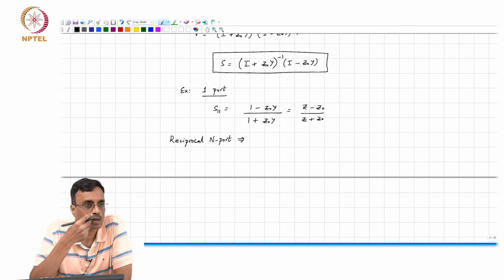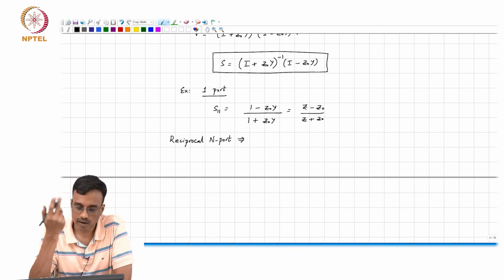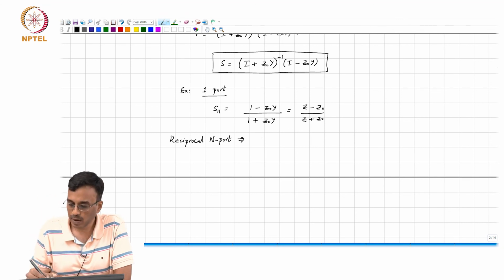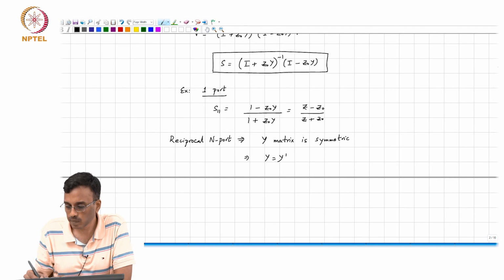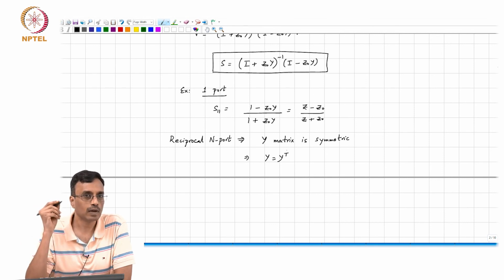Yes, people? The Y matrix is symmetric, which basically means that Y equals Y transpose, right.